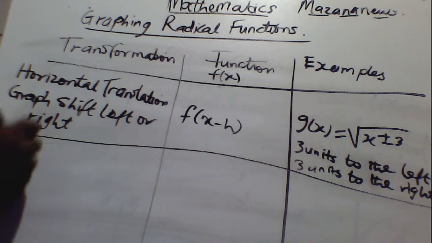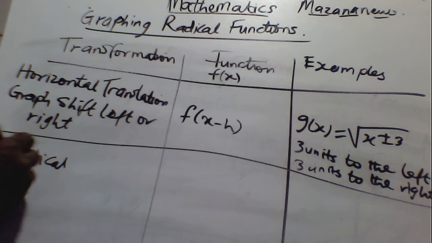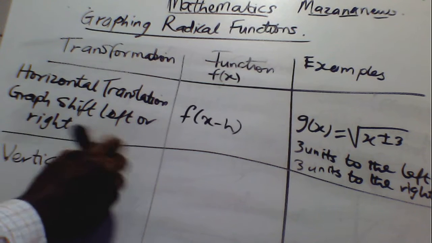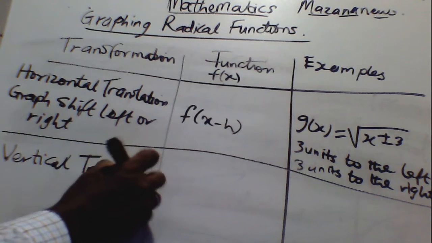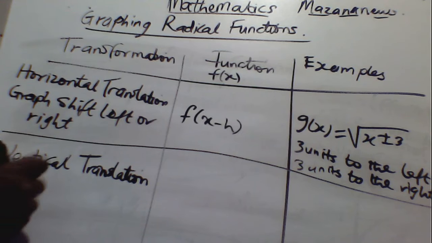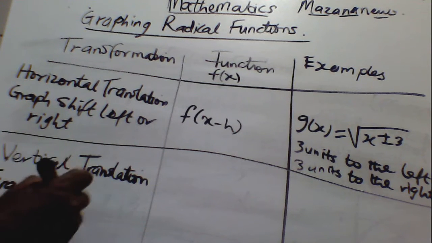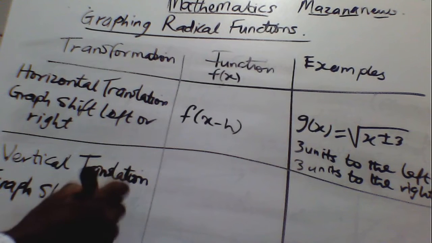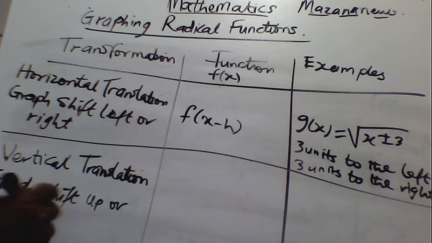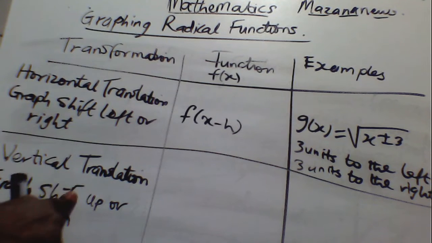So we have vertical translation: the graph shifts up or down.